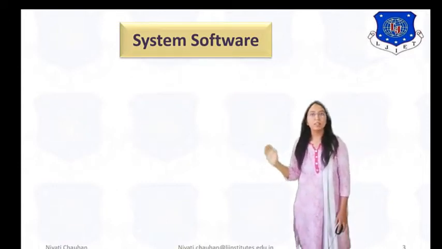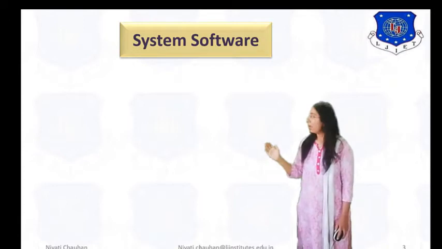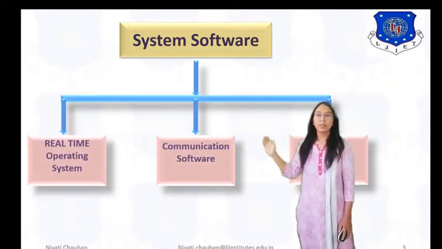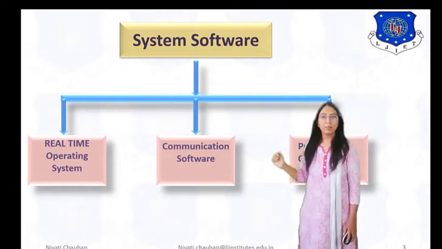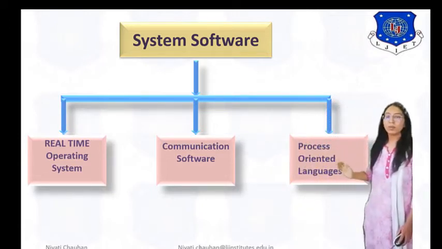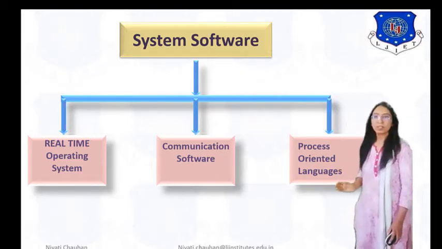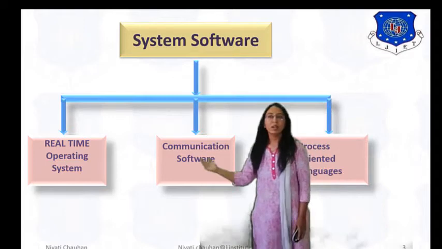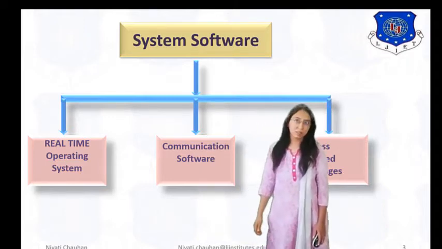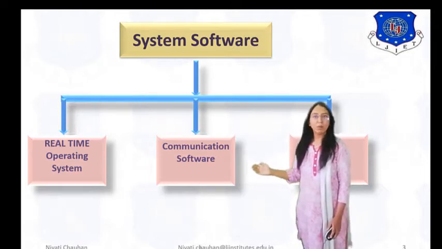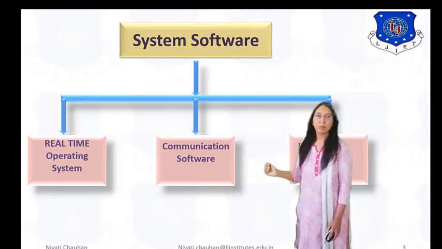We know that system software has three parts: first, real-time operating system, then communication software and process-oriented languages. In the last lecture, we discussed the real-time operating system. In today's session, I will start from communication software.